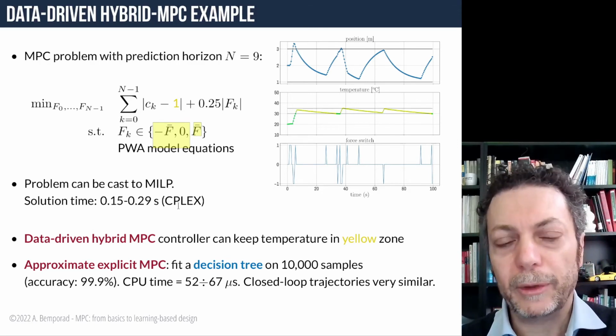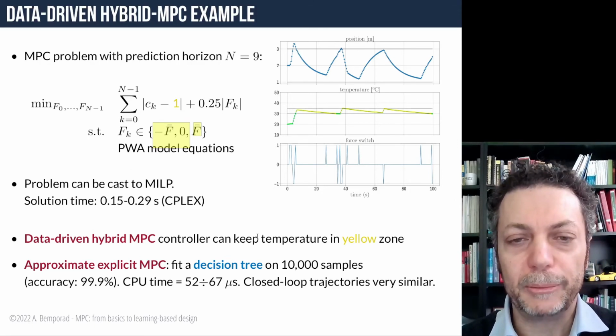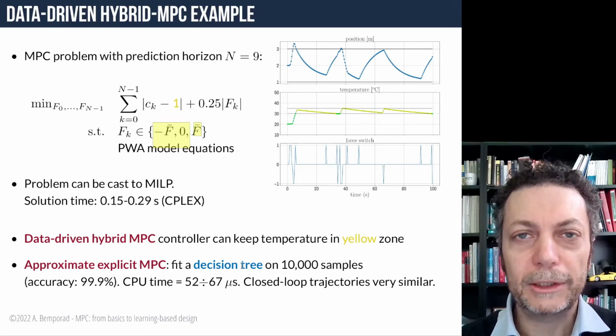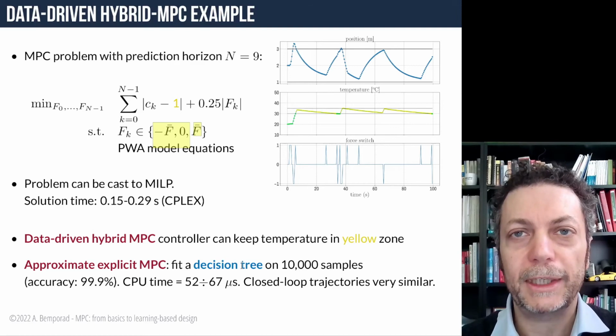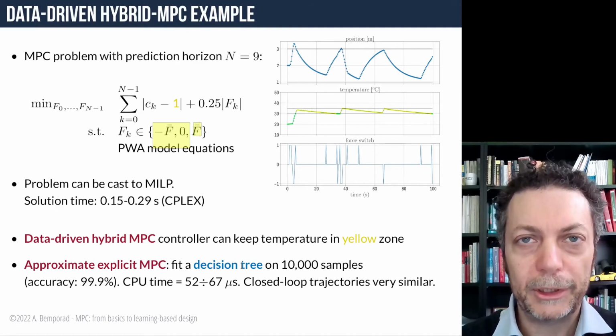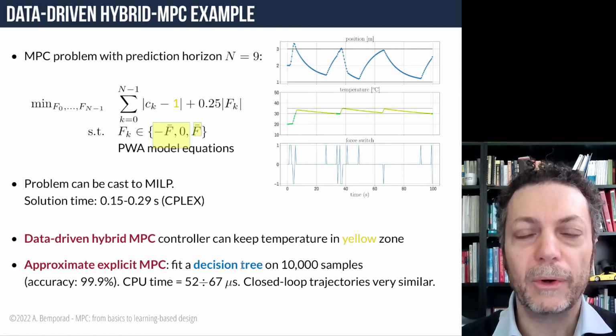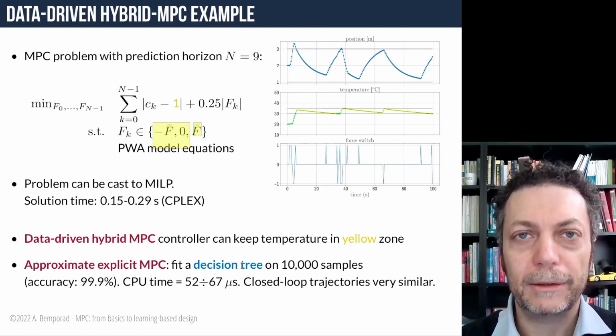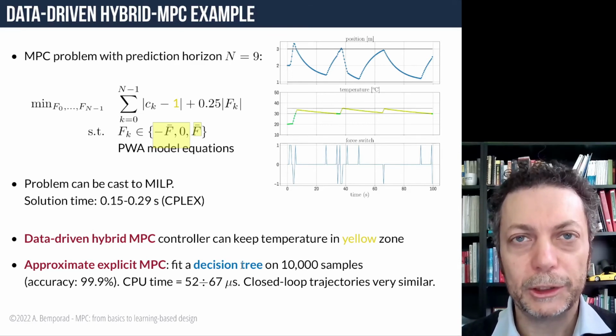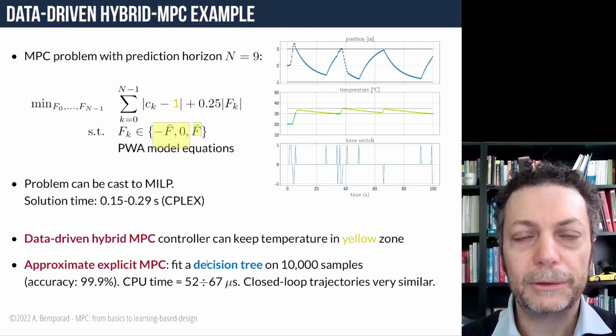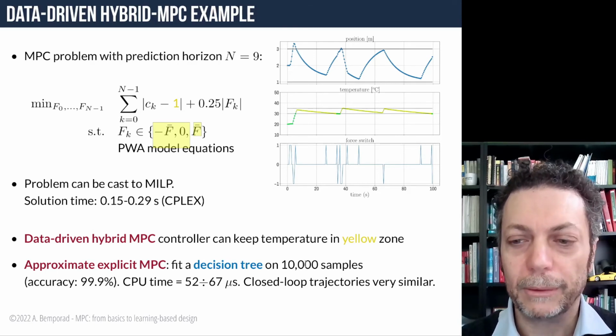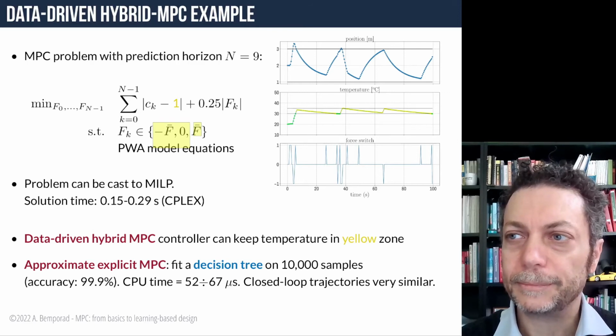So this is a form of approximate explicit hybrid MPC that is obtained completely from data starting from an input-output data set, fitting a piecewise affine model, and then designing the corresponding MPC controller based on that model, and then exciting the controller offline with mixed integer programming to generate a data set, and then finally fitting a decision tree, which will be our final control law to apply to the system.